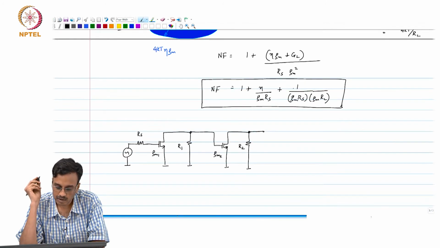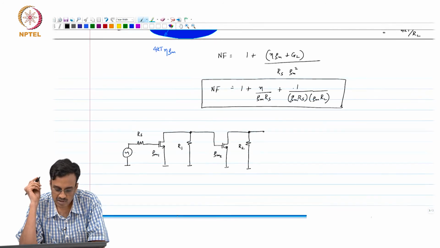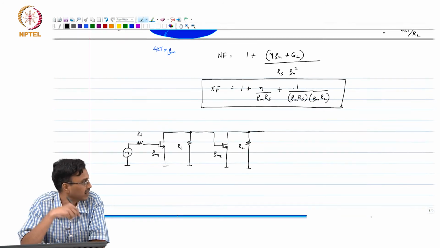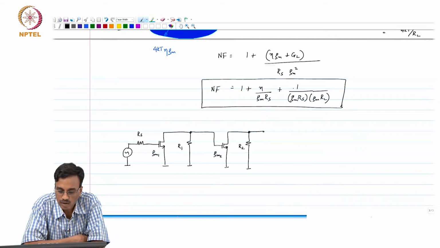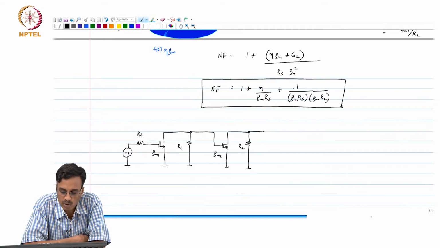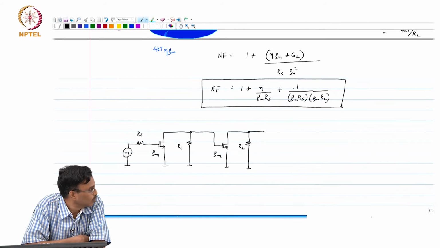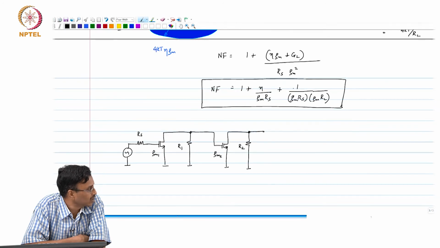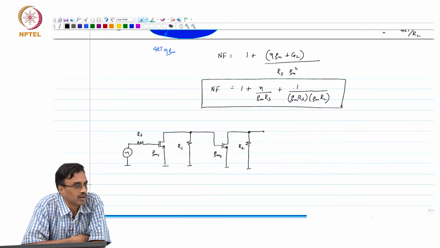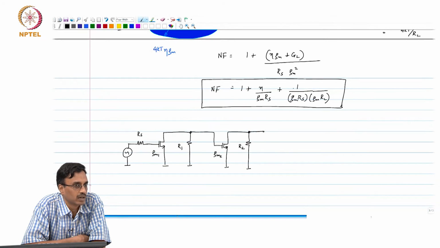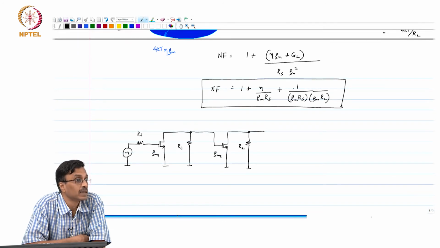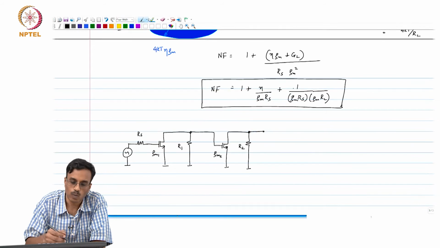And so, based on our experience so far, which of the noise sources do you think contributes the most to the noise figure? GM1, right?